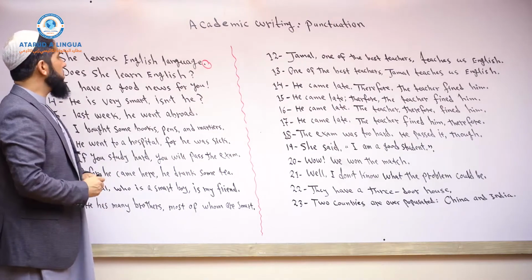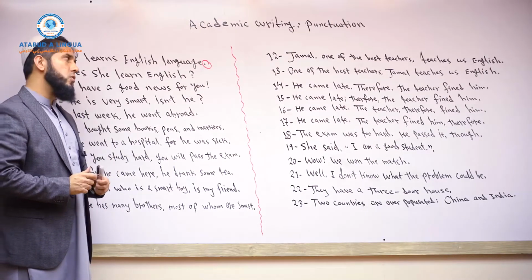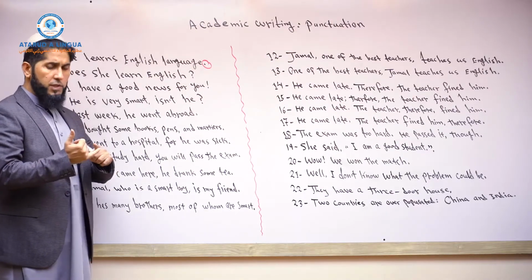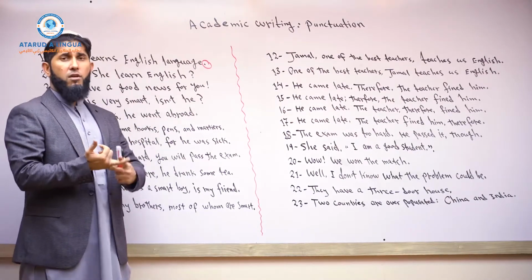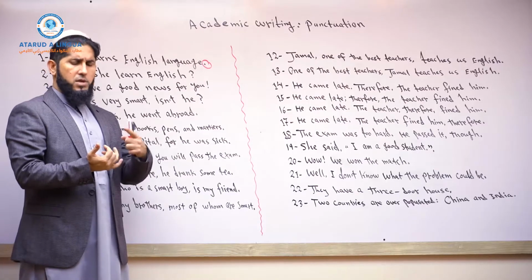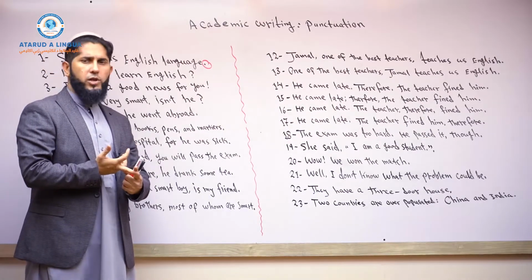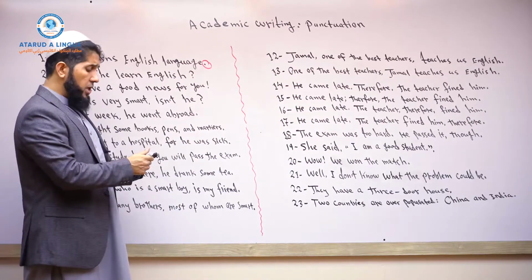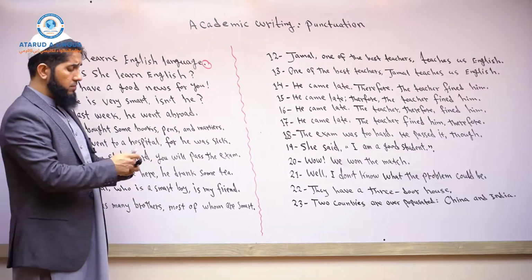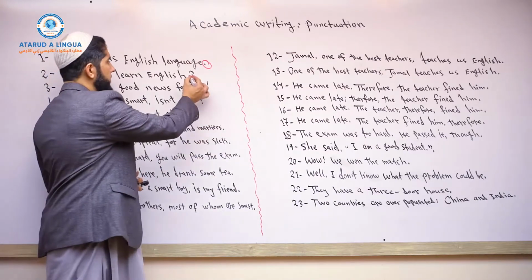Number two. Does she learn English? Now, if you have a yes, no question or interrogative sentence, if you have a negative interrogative sentence, if you have an information question, if you have a tag question, which punctuation mark do you use at the end?